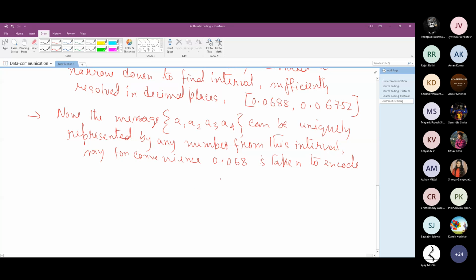Now this can be made binary by simply multiplying by 2 successively, so a binary stream will be created. Of course, the problem is again that when we go on multiplying by 2, many fractional numbers may not be represented as a whole binary number.